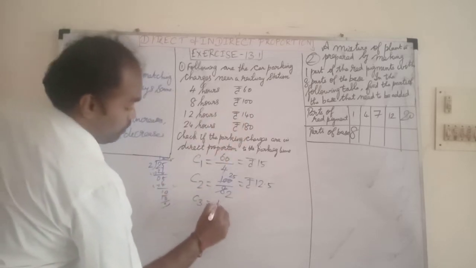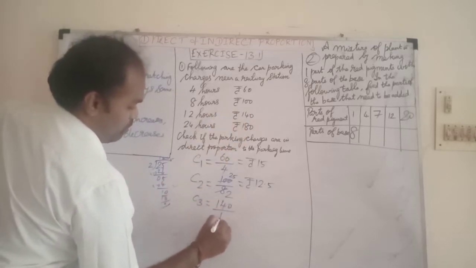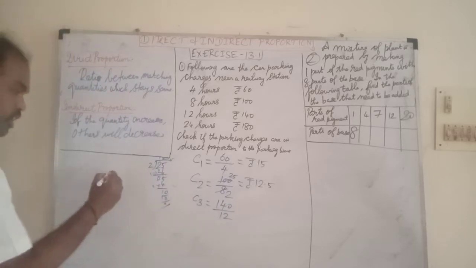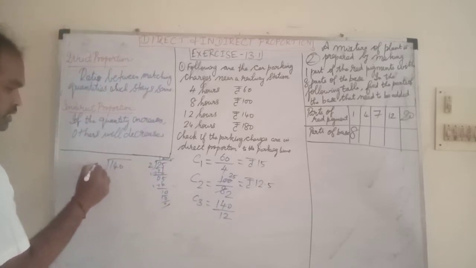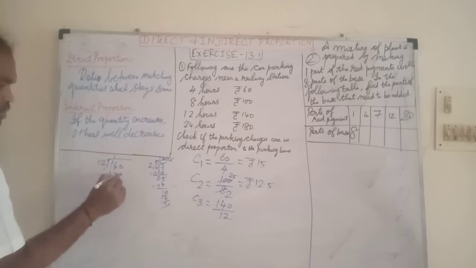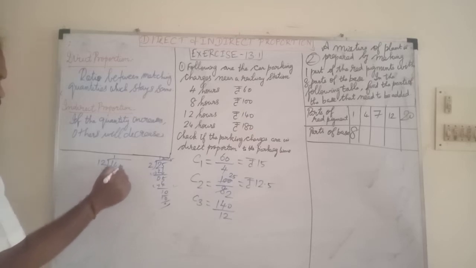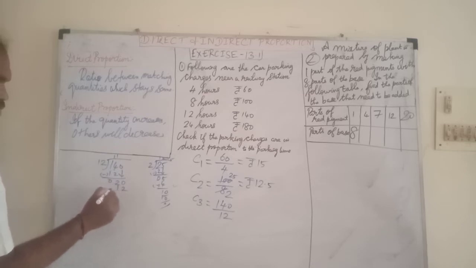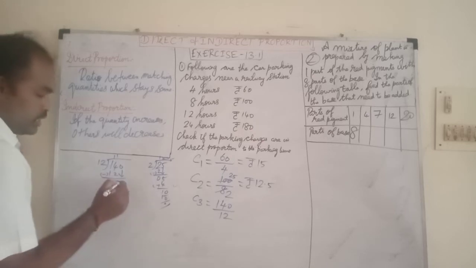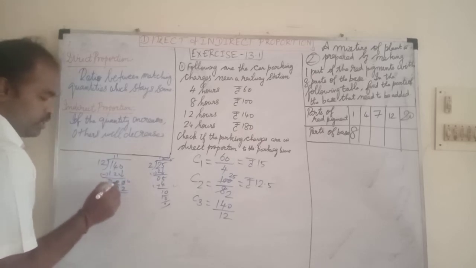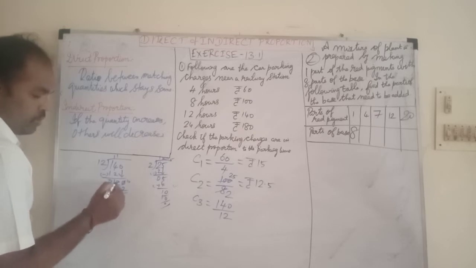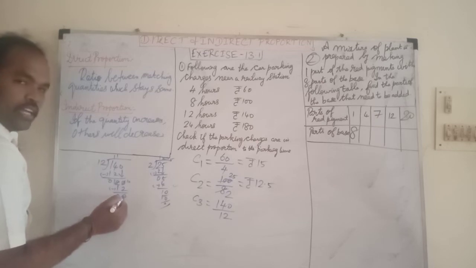C3 equal to 140 divided by 12. 1 twelve is 12, 14 minus 12 is 2. Now we add 0. 1 twelve is 12, 20 minus 12 is 8. Is 8 divisible by 12?